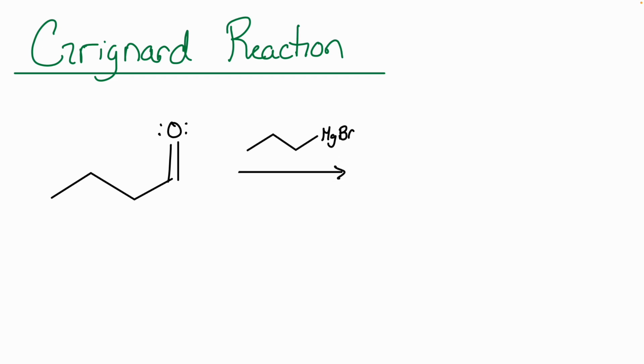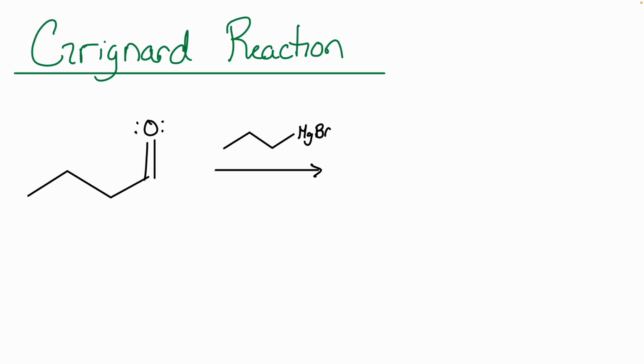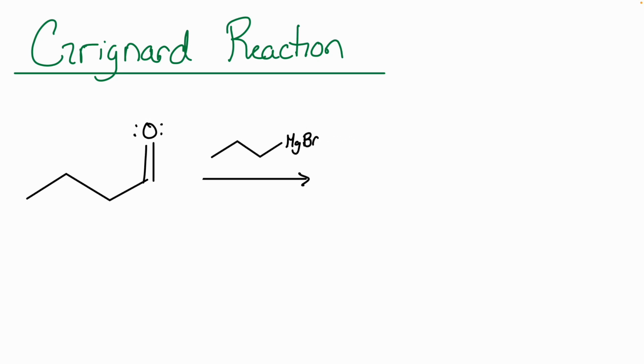All right, again, we're going to create a new carbon-carbon bond in this reaction. So what two carbons are we going to be linking together here? All right, we have that nucleophilic carbon in our Grignard. Right, ton of electron density on that carbon, so it's glowing red hot.